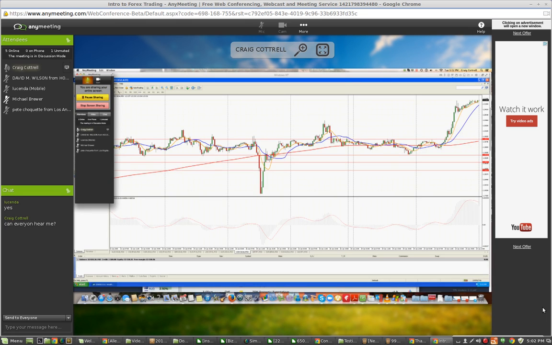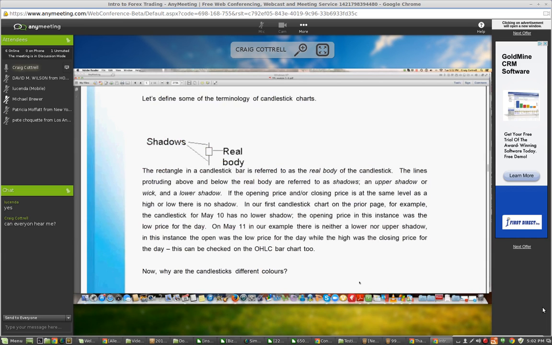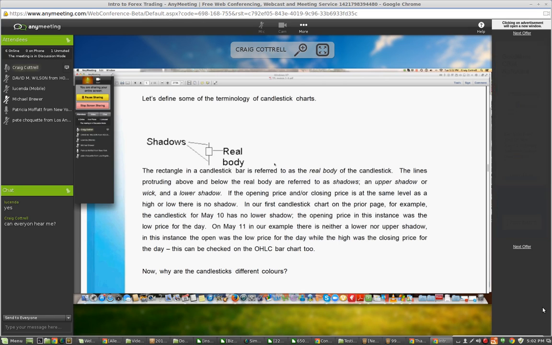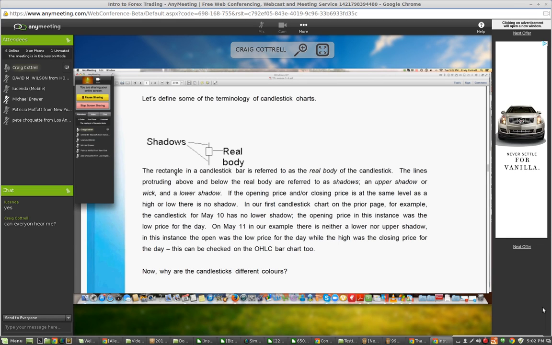All right, so let's talk about some of the terminology of candlesticks. Candlesticks are the primary charts that are used by most traders, at least in my experience. Candlesticks give you a great understanding of what's happening for that time frame, as to the movement of the price.